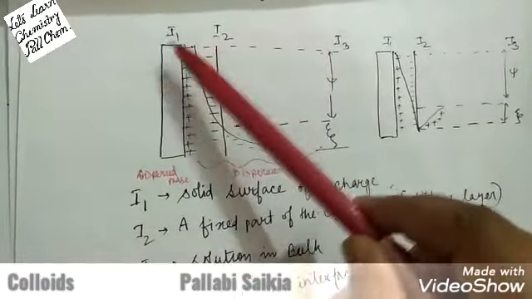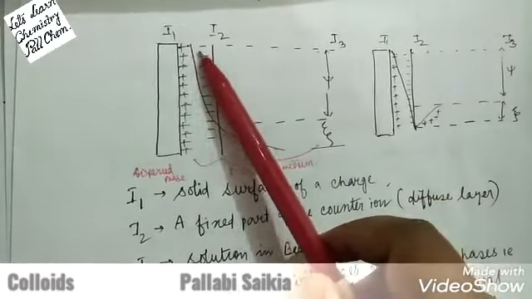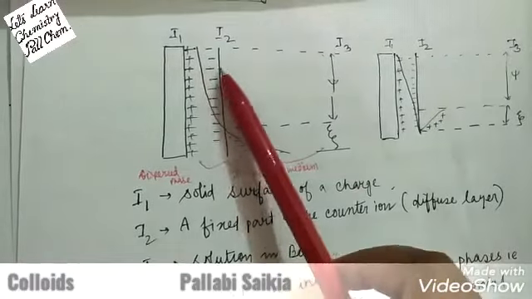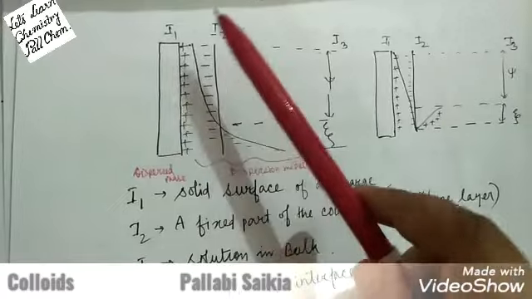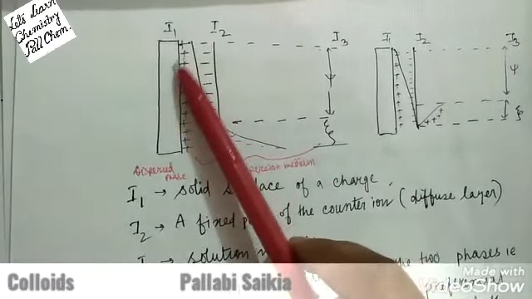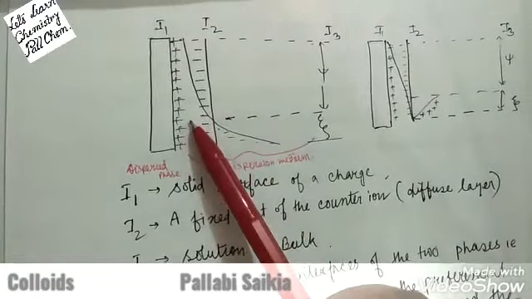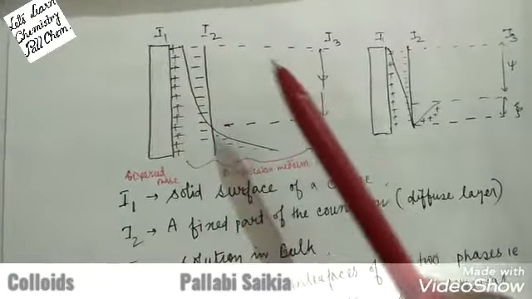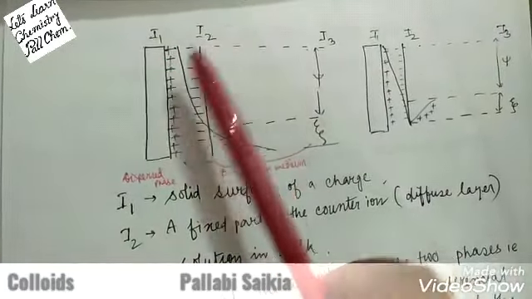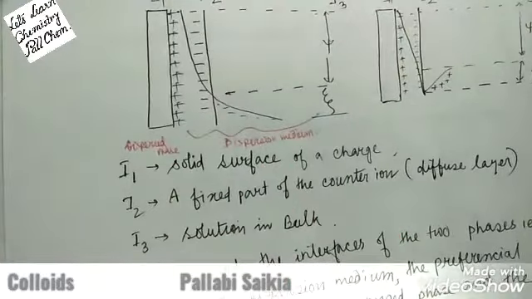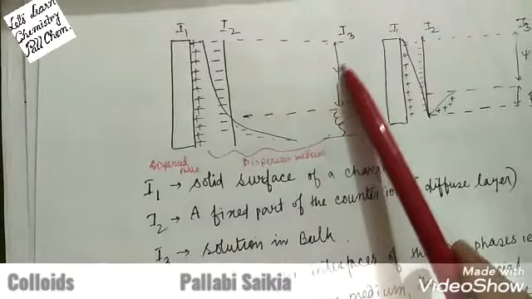So the preferential absorption of the positive ion in the dispersed phase results in preferential absorption of the counter ion in the dispersion medium, which results in a double layer, and this layer is known as the electrical double layer. The potential difference between the solid surface and the fixed part of the counter ion is known as the double layer potential, that is psi.